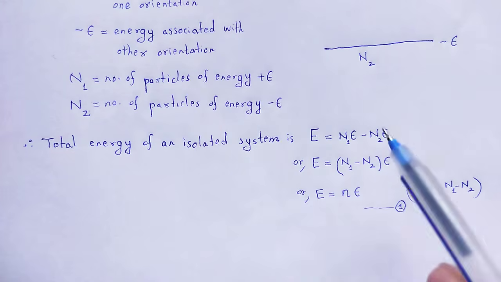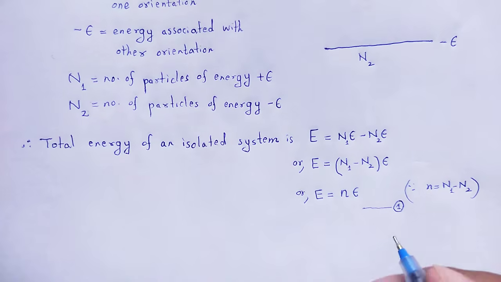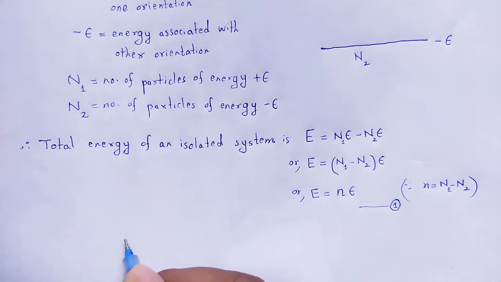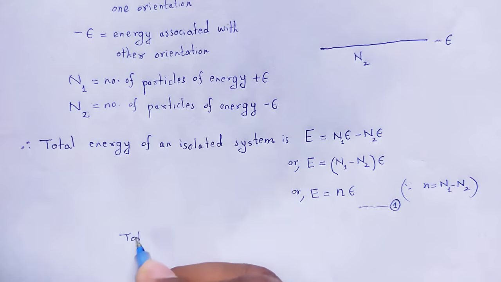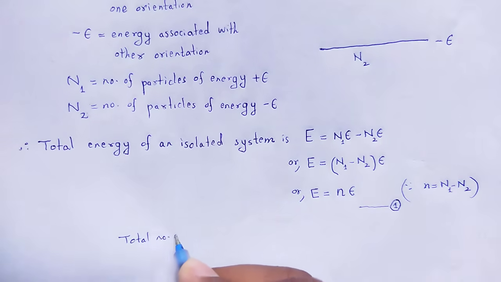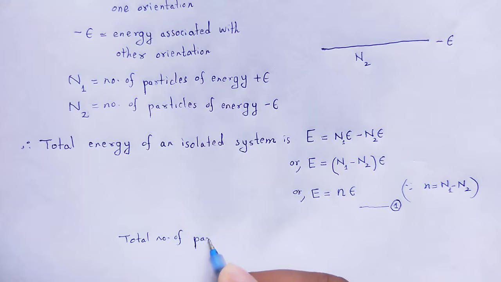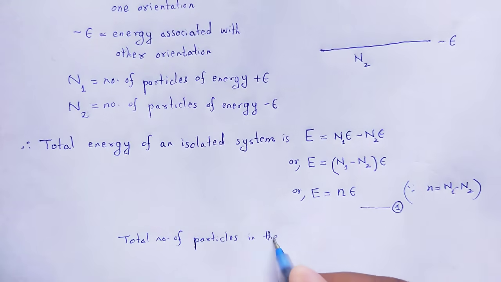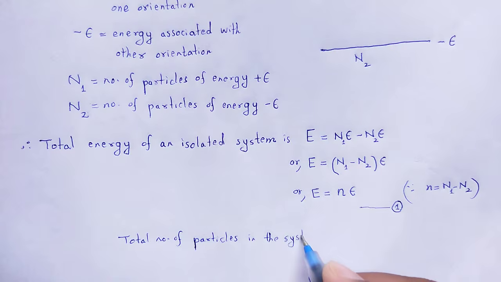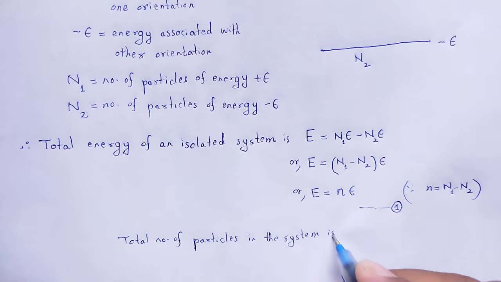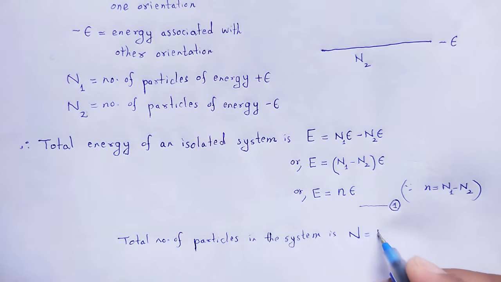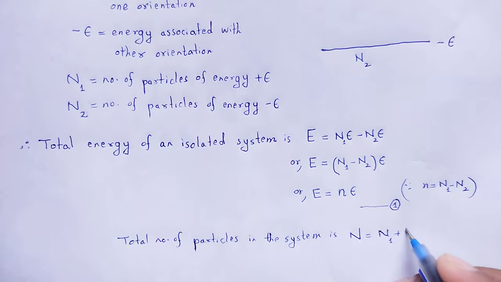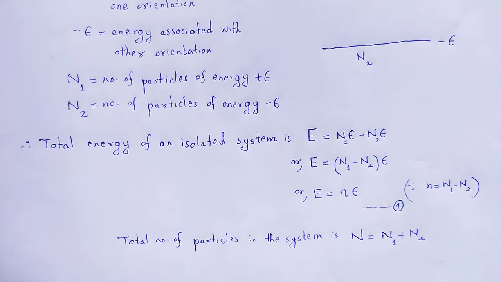The total number of particles in the system is capital N, which is equal to N1 plus N2.